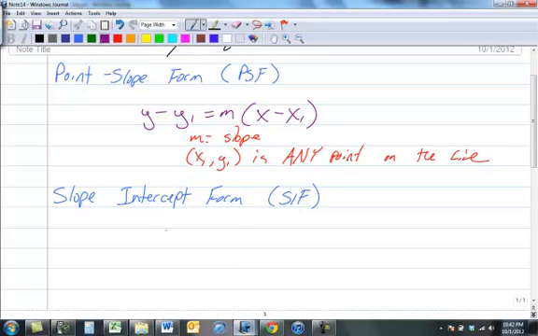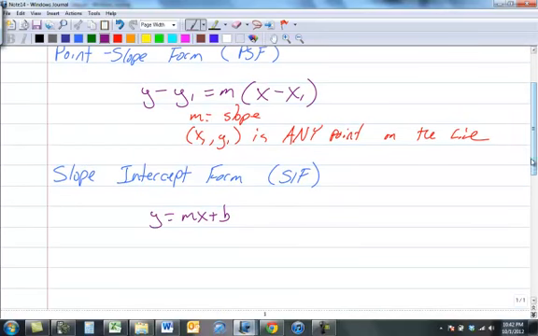Stingle, what's slope-intercept form? You probably said it right. Y equals mx plus b. Good. So, once again, m, of course, is the slope. And b is the y-intercept.